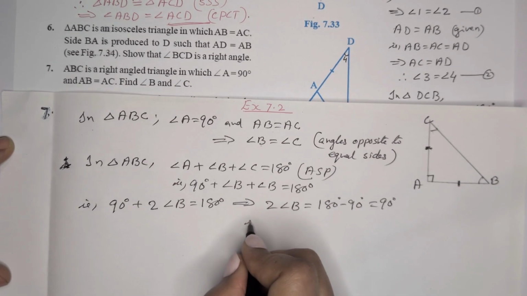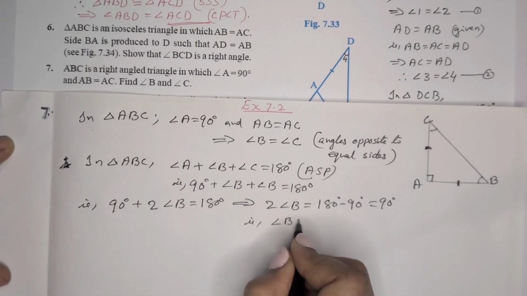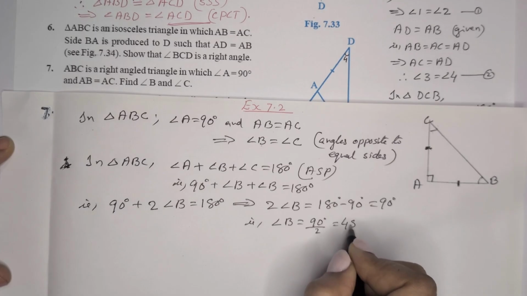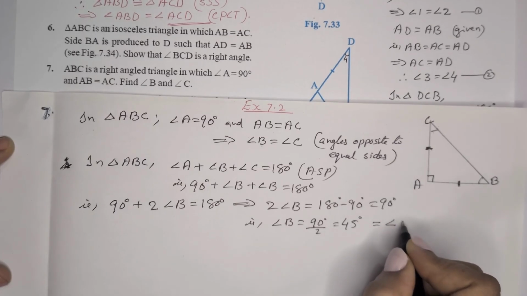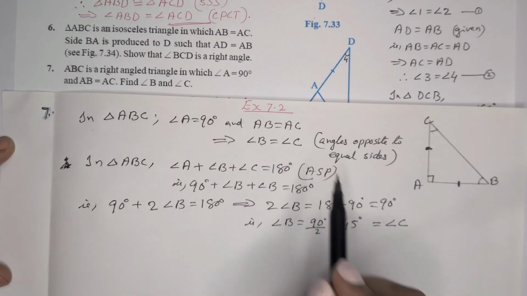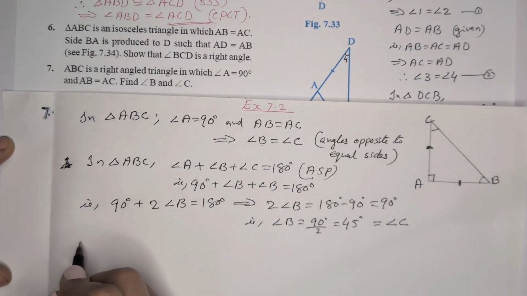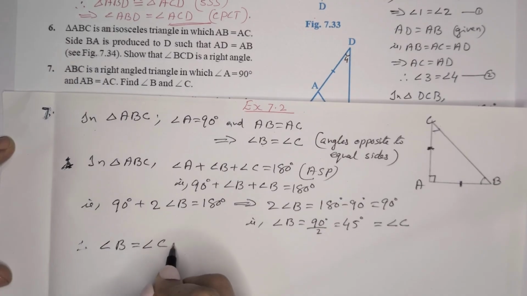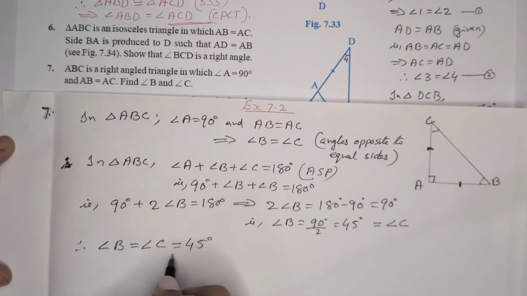From that, angle B is equal to 90 by 2, which is 45 degrees, and that is equal to angle C. Therefore, angle B is equal to angle C is equal to 45 degrees.